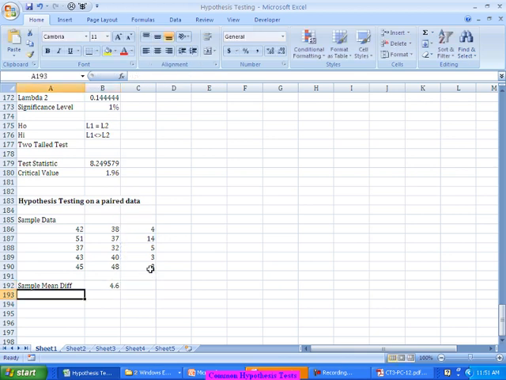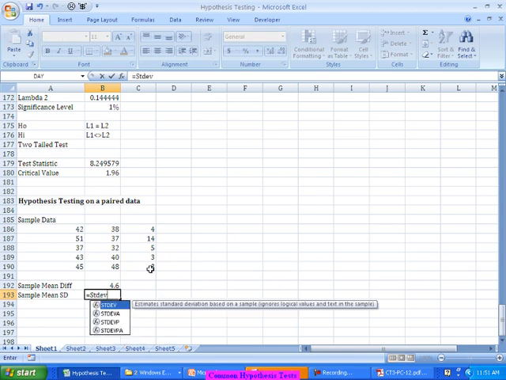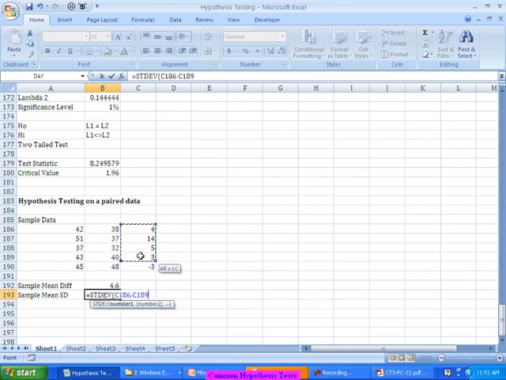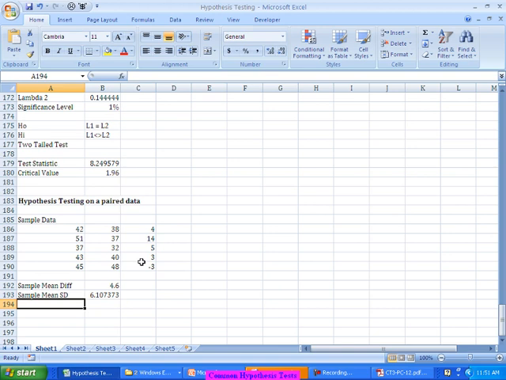So the sample mean difference is 4.6. I also find the sample standard deviation, wherein I'll take the standard deviation of these. So that's the level of standard deviation that is existing.